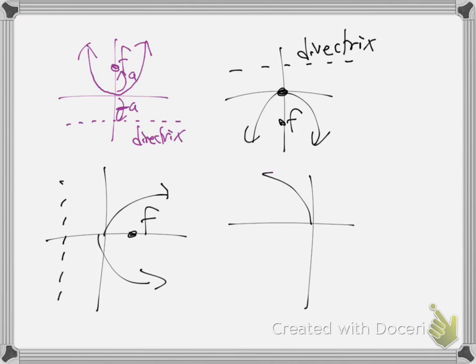If it goes to the left, the focus will be inside, and the directrix will be behind. Get the idea? The directrix is always behind the scenes, directing the parabola. The focus point is inside the parabola, and they're always A away: A one way, A the other way.